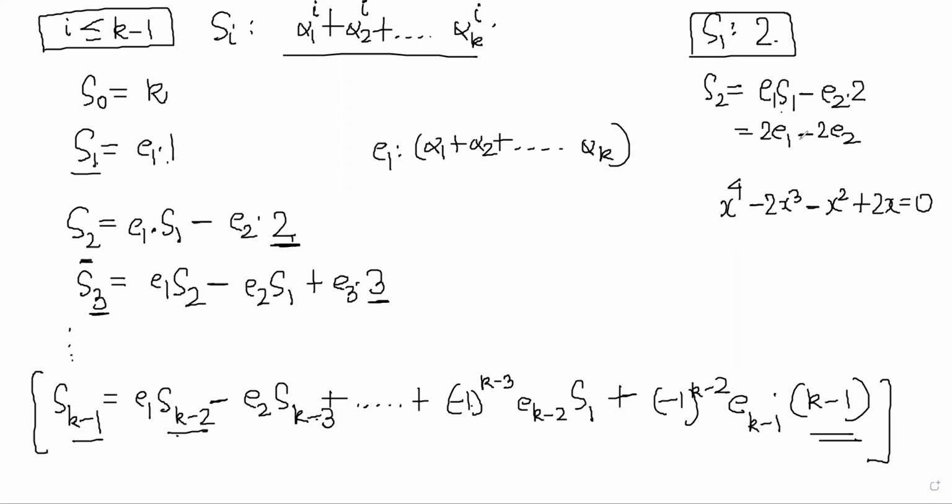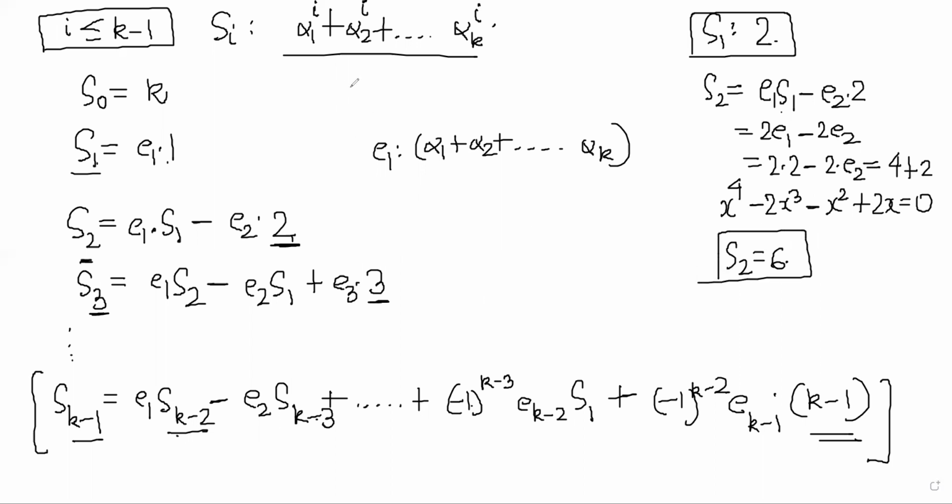Sum of all the roots is E1, which we already know is 2. So this is 2 into 2 minus 2 into E2. E2 is roots taken 2 at a time. So minus B by A is this one, and plus C by A, so minus 1 is E2. So 4 minus 2 into minus 1, so 4 plus 2. S2 should be 6 for us.